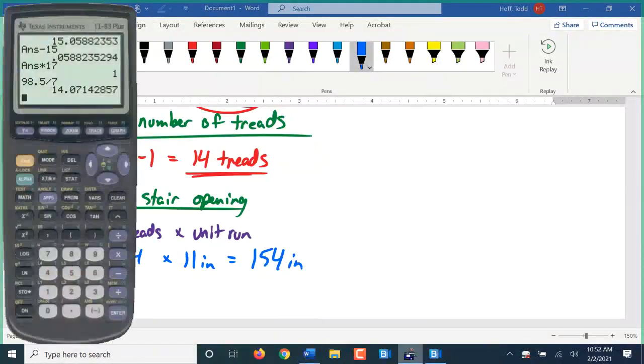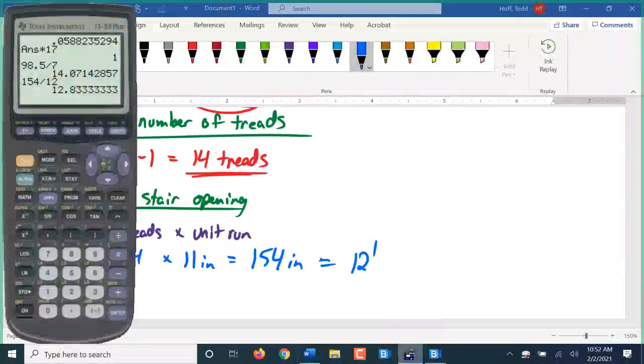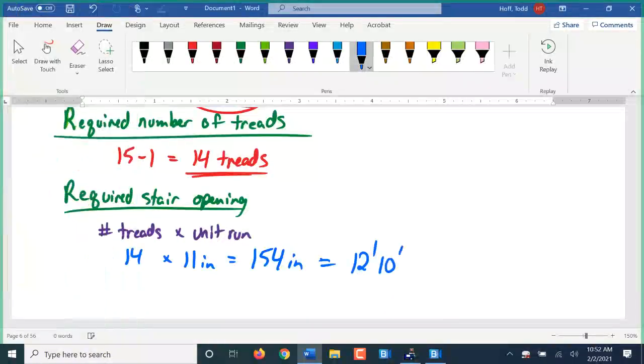We want to convert that 154 inches into feet and inches. So 154 divided by 12 is 12 feet. Subtract the 12 feet, and we multiply by 12 to turn the remaining decimal back into inches. That's 10 inches. So for that situation, we need a 12-foot, 10-inch stair opening to ensure that we have the proper head clearance.